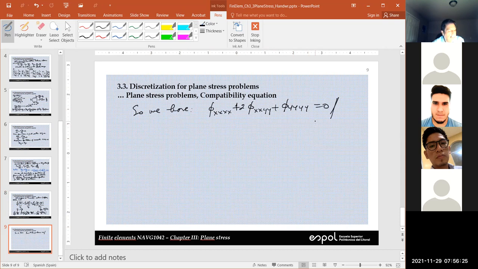That's what we call the compatibility equation. Sometimes we write it like this in a compact way. Okay, so this is the equation that we have to solve when we work with plane stress problems.